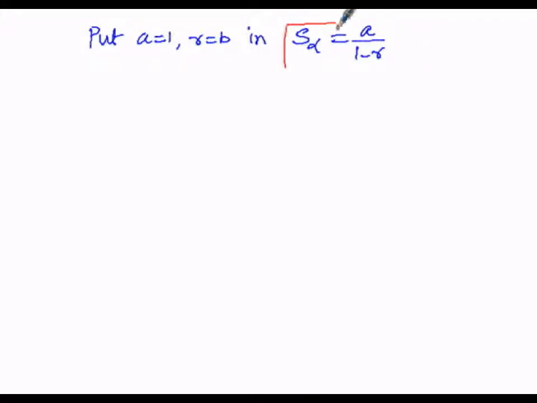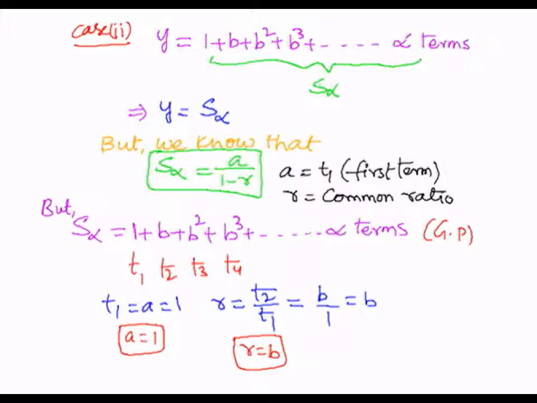The next logical step: that implies S of infinity equals 1 overall divided by 1 minus b. But here y is equal to S of infinity. Let us suppose this, y equals S of infinity, as equation number 3.